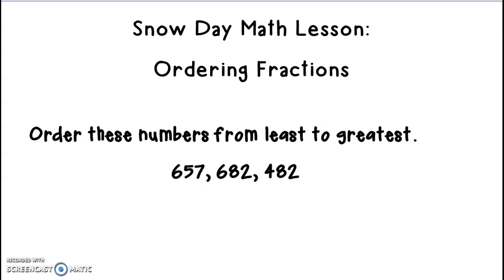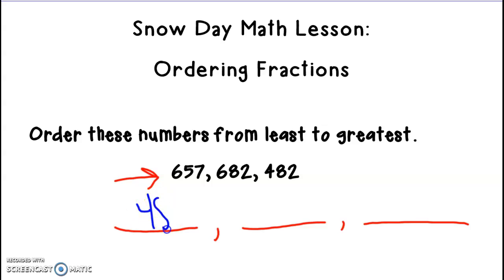So if you have your whiteboard or a piece of paper handy, let's see if you can order these numbers right here from least to greatest. By looking at their values, starting in the hundreds place, hopefully you are seeing that 482 is worth the least because of that 4 in the hundreds place.